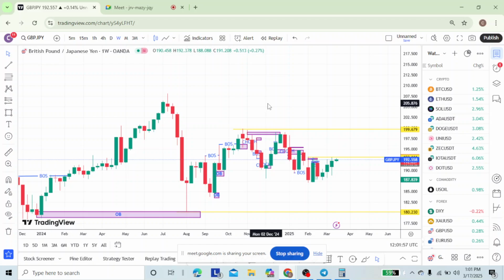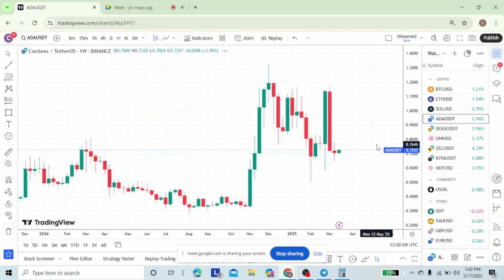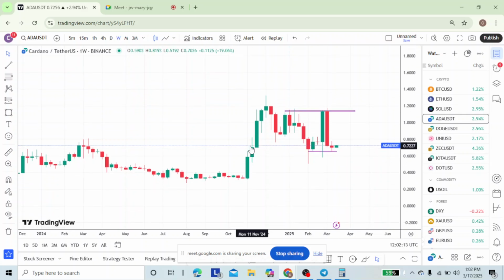I said these are the things that make up a candlestick, and I also said that a candlestick is a representation of what is going on among the buyers and sellers in the market, and it also helps us to know when to get in the market and when to get out of the market.